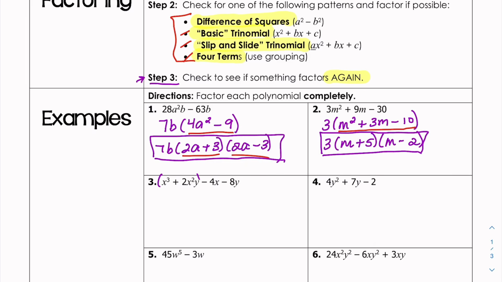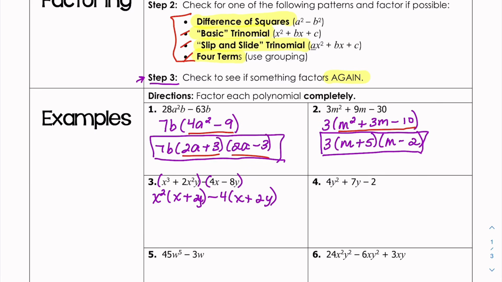We're going to group our first 2 terms and our last 2 terms, and then we're going to do a greatest common factor of the first 2 terms of x squared. We're left with x plus 2 minus, in the last 2 set of terms, the greatest common factor is 4, and we're left with x plus 2y.